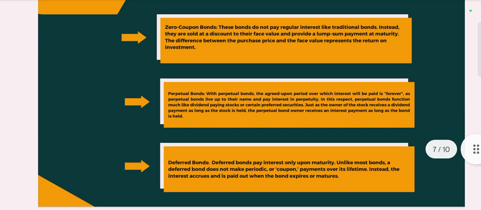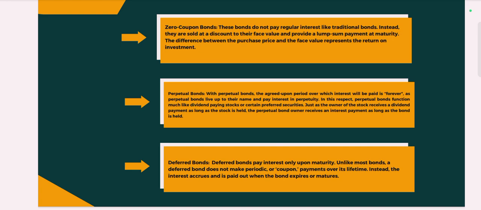Perpetual bonds. With perpetual bonds, the agreed upon period over which interest will be paid is forever, as perpetual bonds live up to their name and pay interest in perpetuity.